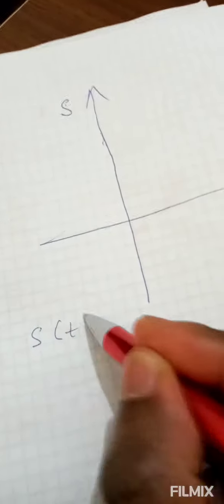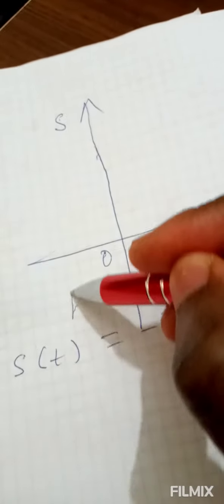The particle is given by s of t is equal to minus 2t squared plus t plus 1, for time greater than 0, this side. So we know that this particle will be moving in this direction and it's going to cut at 1, because the intercept is at 1. So this is the motion of a particle.